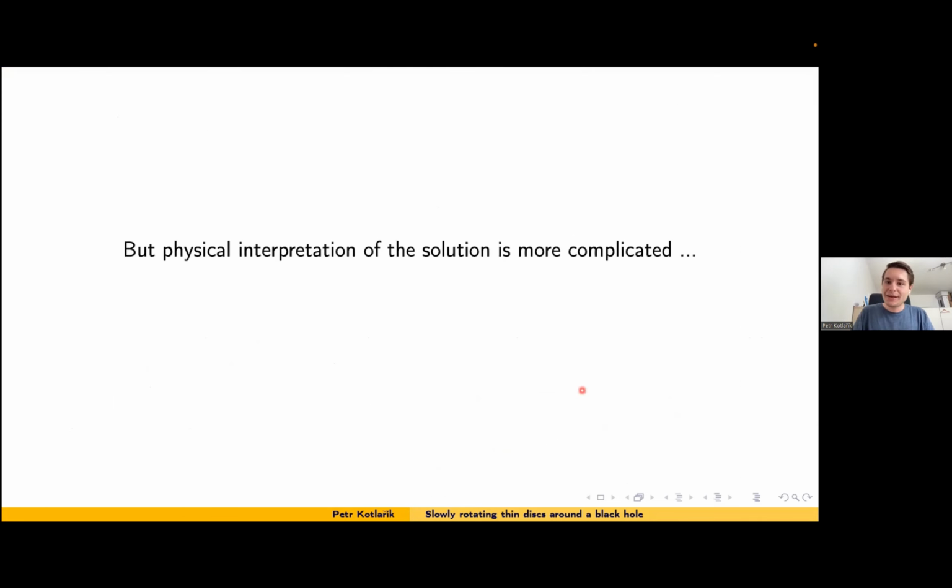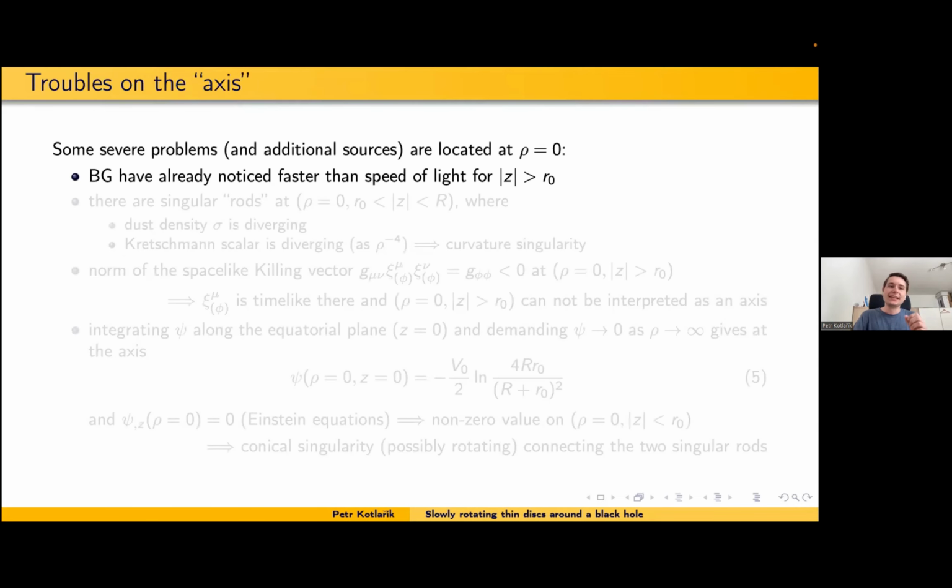Unfortunately, I believe the full physical interpretation of this solution is not very clear, because there are severe problems at the axis which should be addressed and cannot be ruled out.